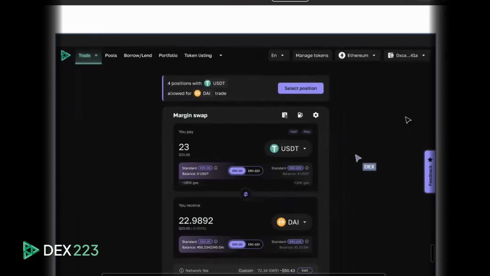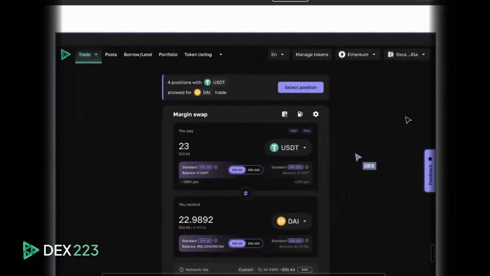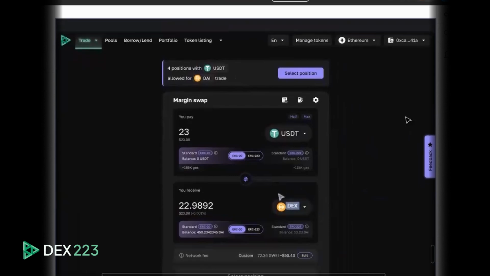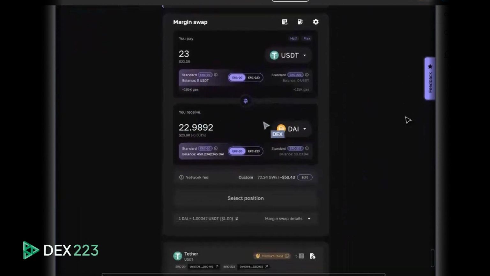So we are just separating these two features, the normal swap and the margin one, and in the receive select menu, you will be able to select a token which is supported by the position that you are currently trading from. This will be verified, and you will be able to select only these tokens.